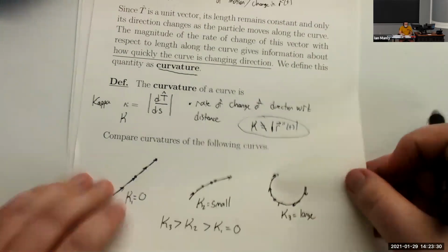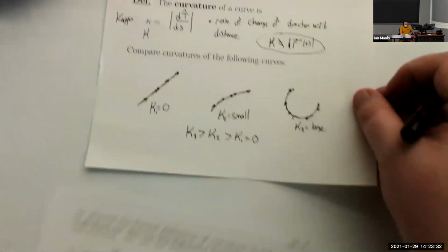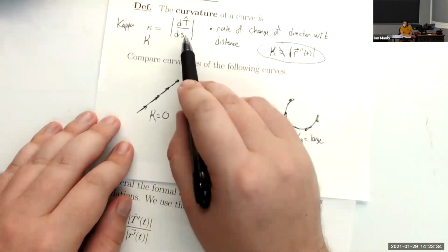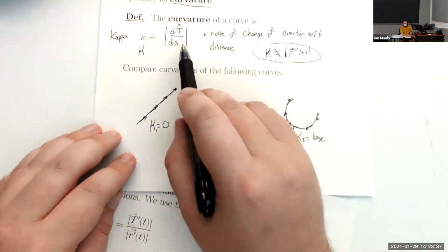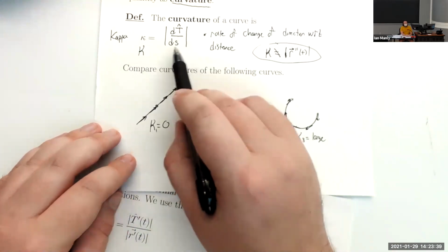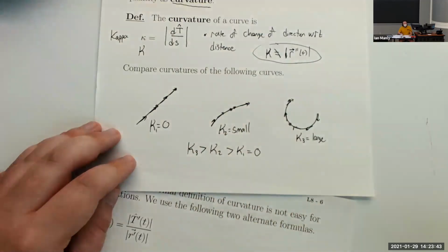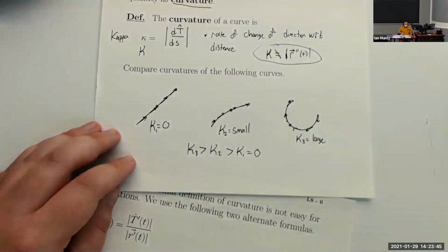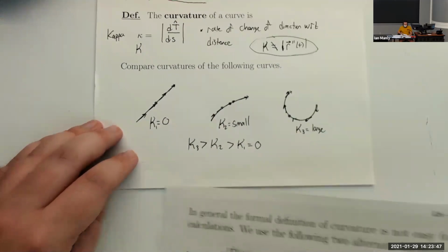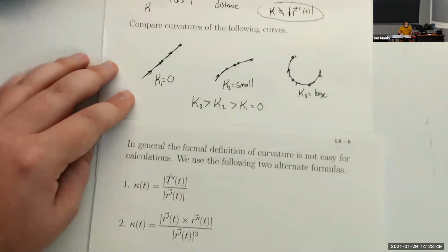All right. So now, this is all well and good, but unless we want to reparameterize everything we're working with, this is not a very convenient formula to use. In fact, this is probably the formula that we're going to use the least for computing curvature. It turns out that there are other formulas that we're going to use for it.